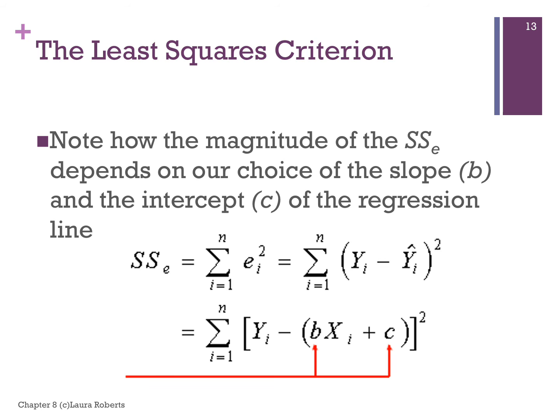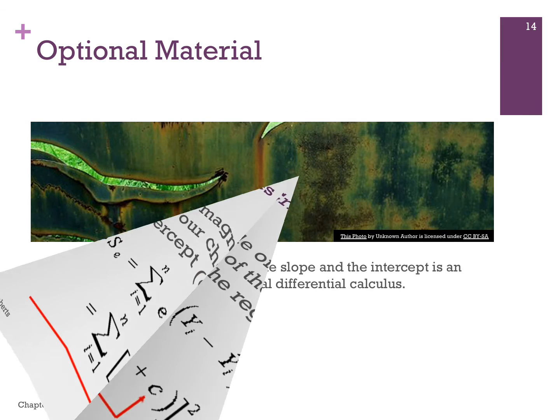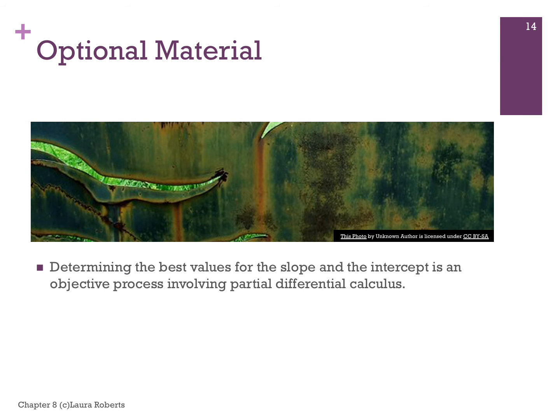Note how the magnitude of the sum of squared residuals depends on our choice of the slope, which is b, and the intercept, c, of the regression line. If you want to move to advanced levels of analyses, you can learn how to compute a best fit line using partial differential calculus, but this isn't required for our course.